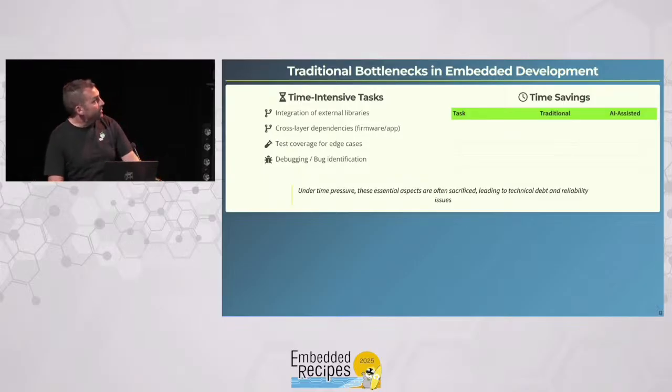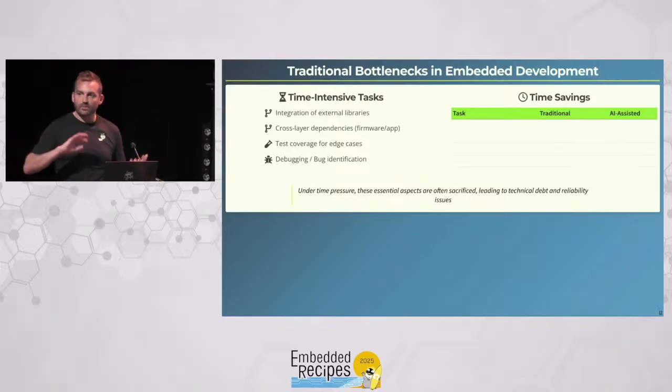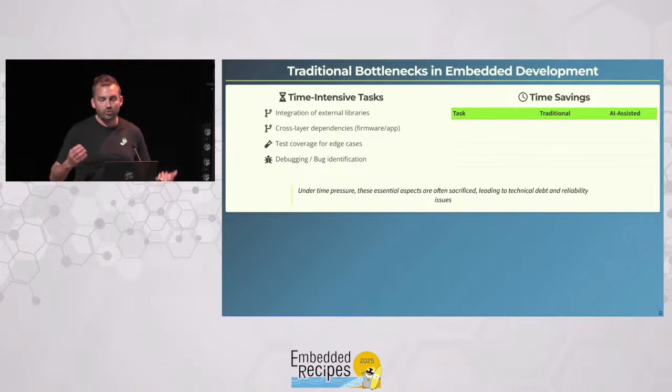We have cross-layer dependencies. In my case, we have firmware and the application, with lots of dependencies between both. As long as the projects are small, it's easy, but if the project gets bigger, with hundreds of signals and variables, it can get messy to track them.